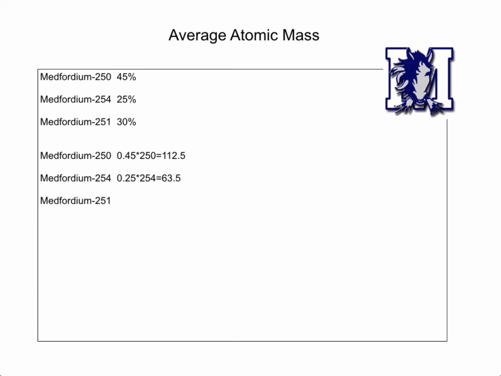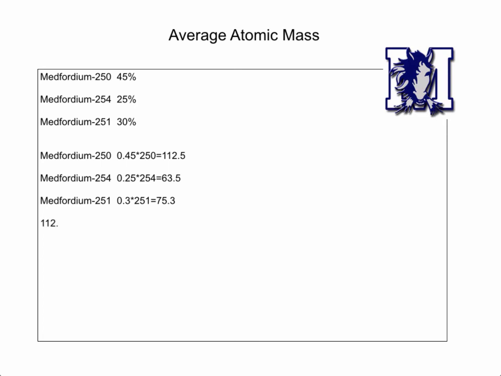And for the last one, 30% becomes 0.3 times the corresponding mass number, which is 251, and doing that out, I get 75.3. And the last step, I add all these numbers together.